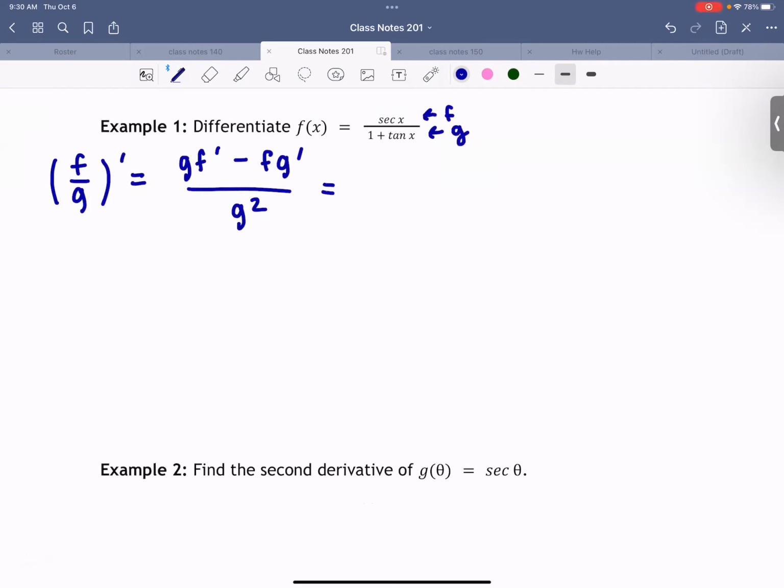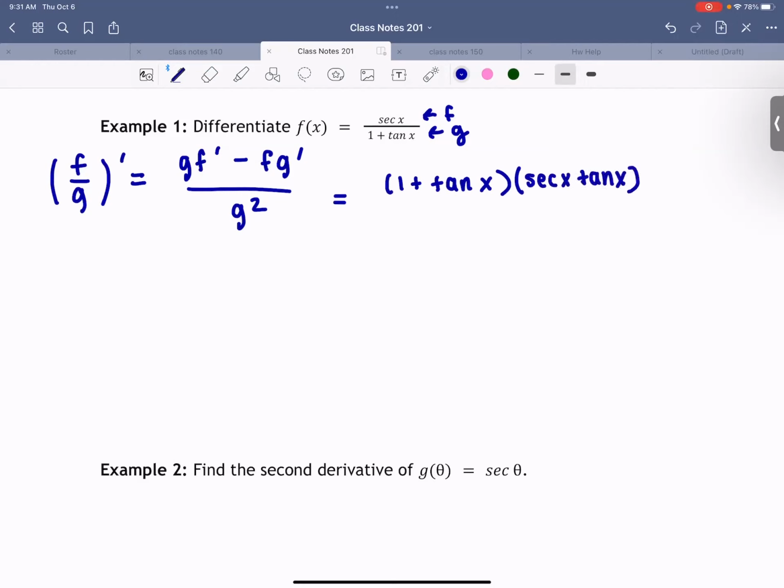Here g is 1 plus tangent x, and I'm going to write it down here because I want to write on top of it. I'm going to multiply that by f prime. What is the derivative of the top? Good, secant x tangent x.